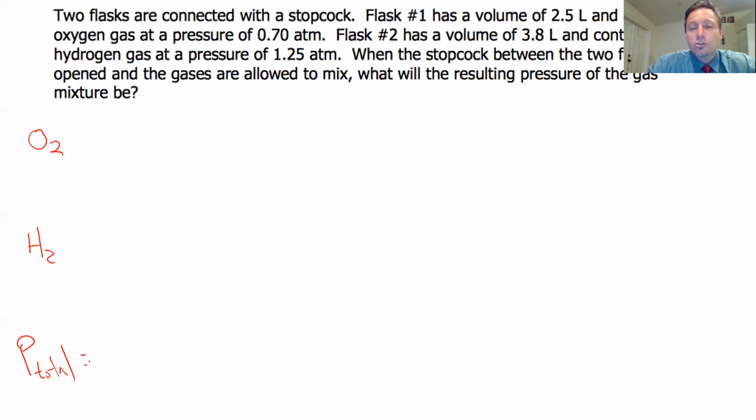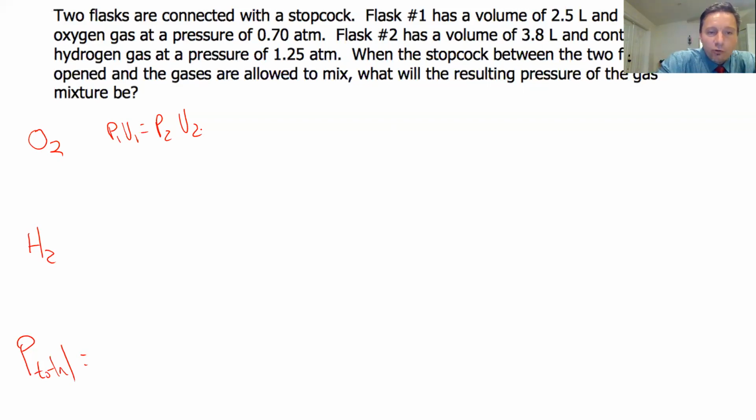Noticing that there is no temperature, the temperature is held constant. So we are using Boyle's law again. So we have P1 V1 equals P2 V2. All right. So we're trying to solve here for our second pressure after we have opened the stopcock.